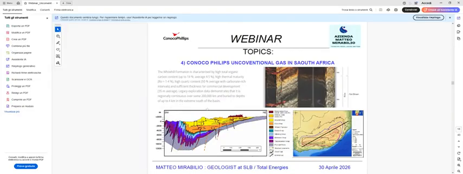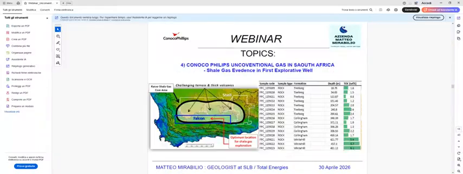So for ConocoPhillips Unconventional Gas in South Africa, we have great evidence of shale gas in the first well exploration appraisal.